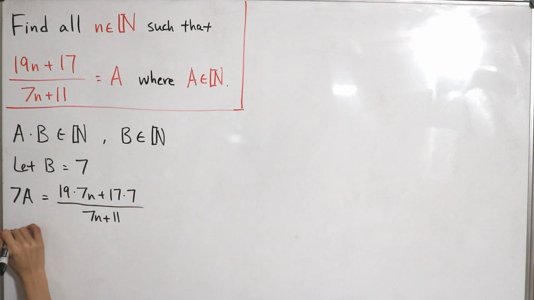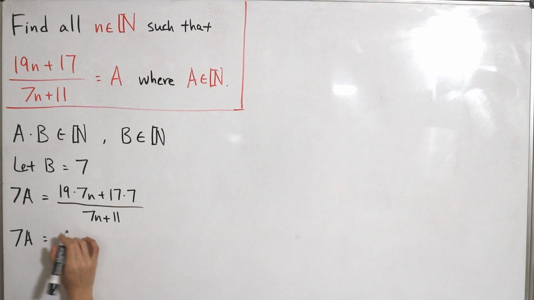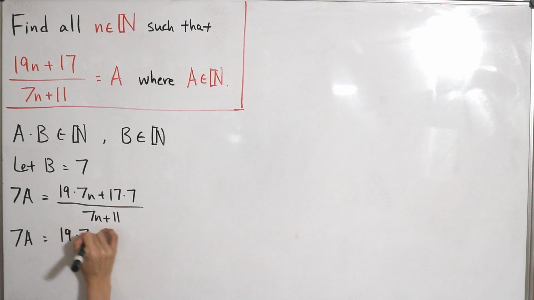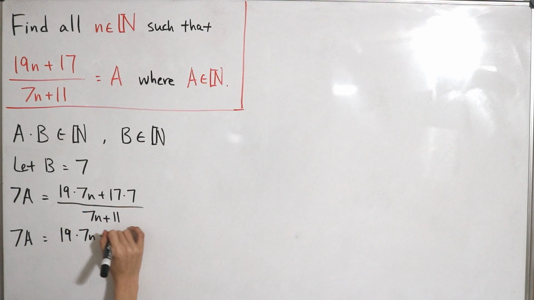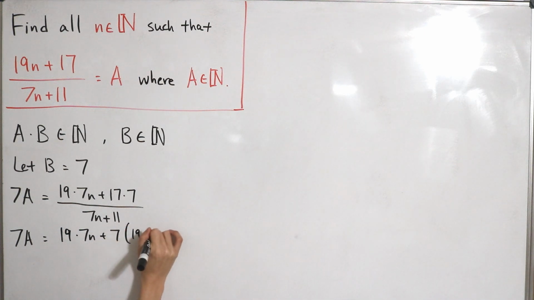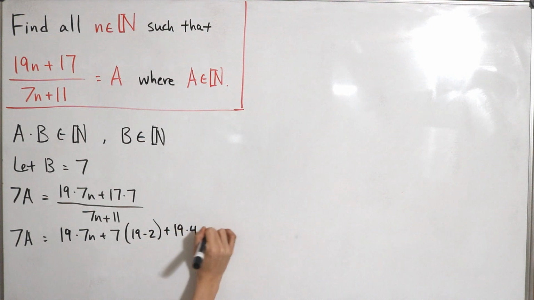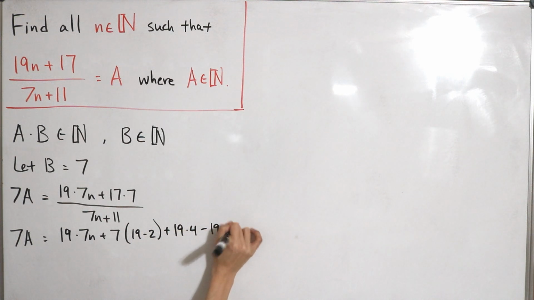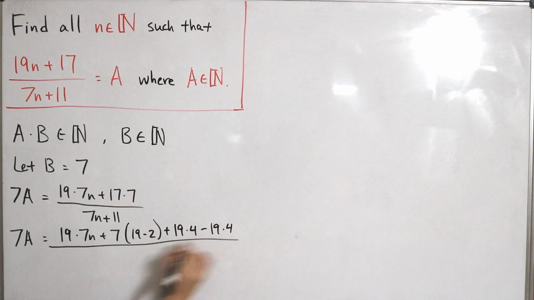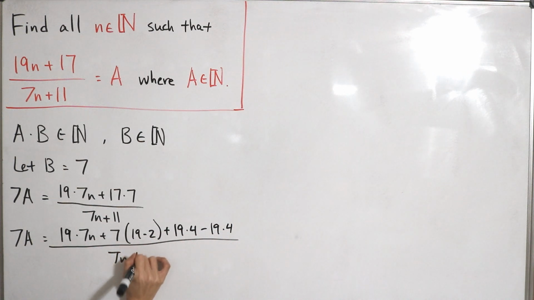So we have 7a equals 19 times 7n, plus 7 multiplied by (19 minus 2), then add 19 times 4, subtract 19 times 4, and all of this is divided by 7n + 11.